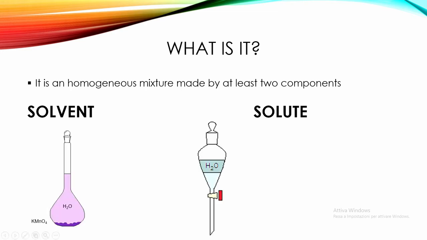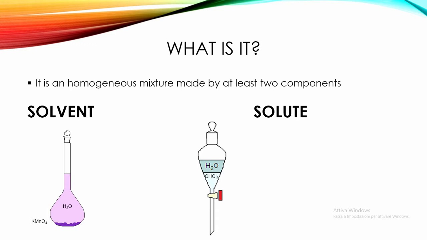Let's take also another example. This is a separatory funnel which is used for extraction, okay, but let's use it now as an example for a solution. Here on the top we have water, and we have also another layer which is an organic layer, and it's chloroform.